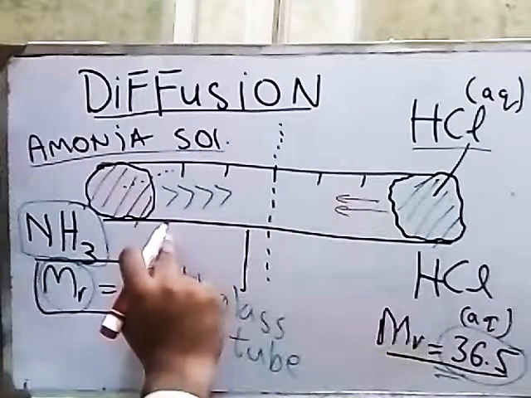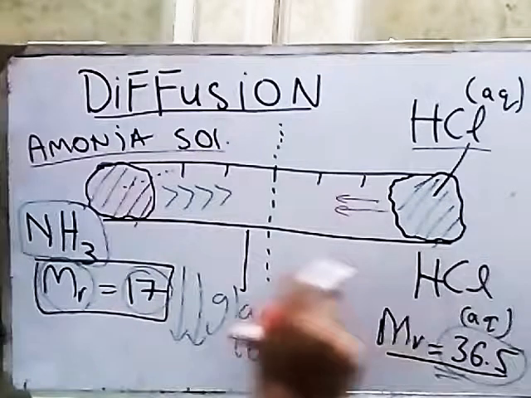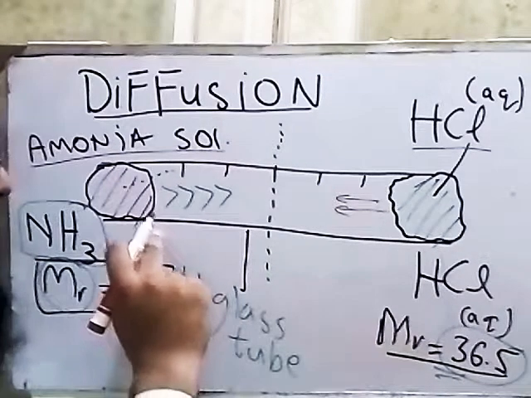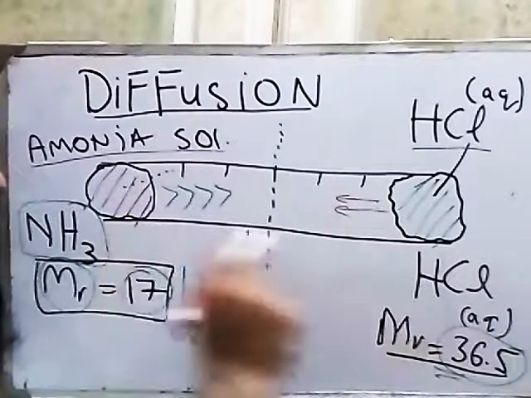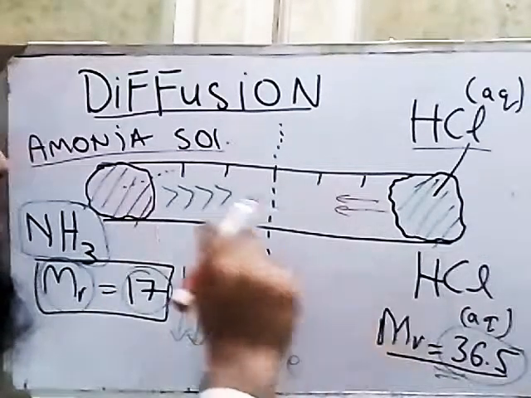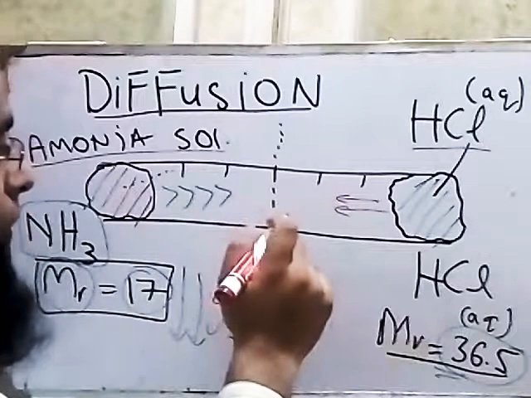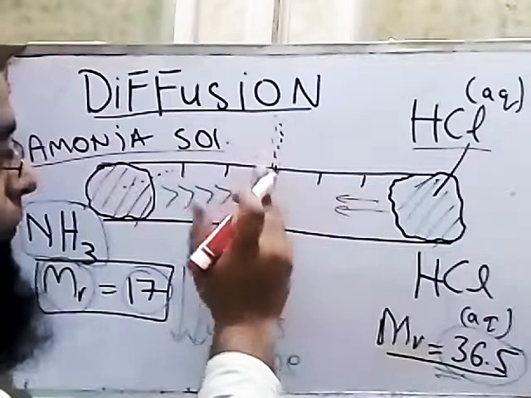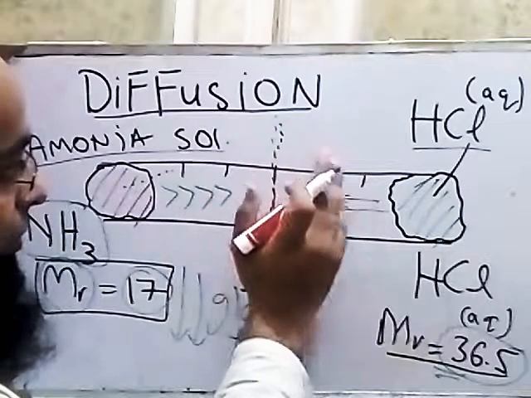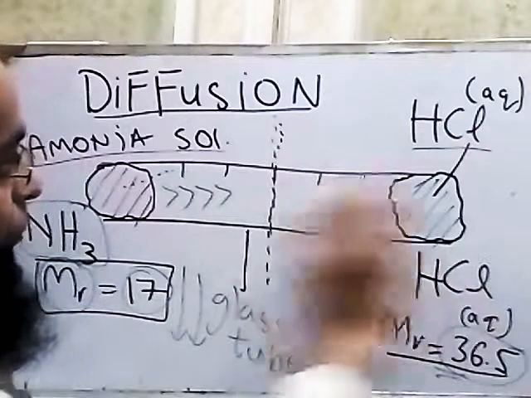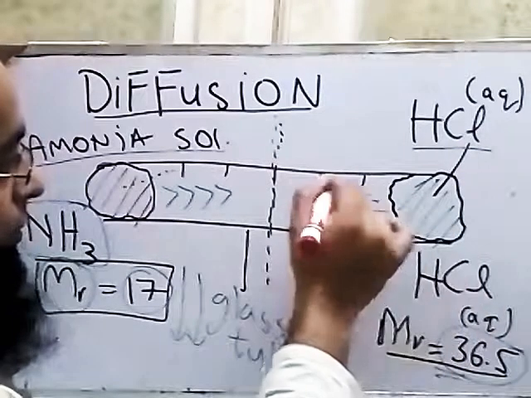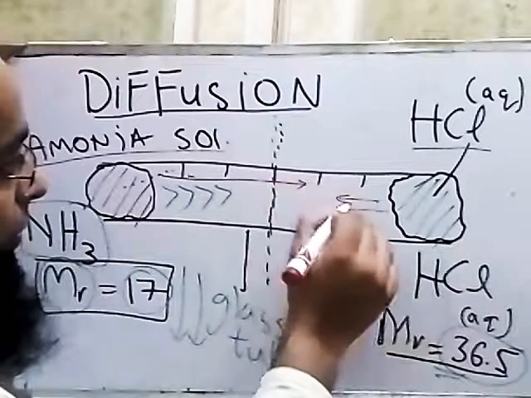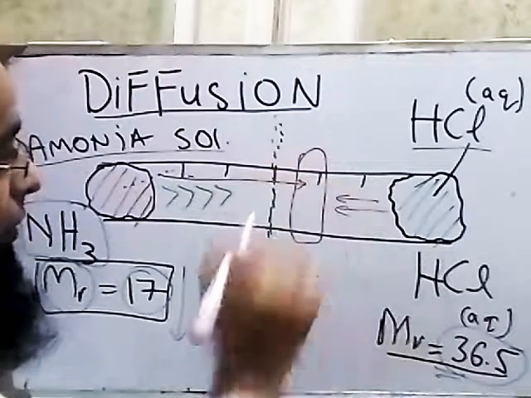Since the Mr of this is less than the Mr of HCl, and as this would diffuse at a much higher rate than fumes of HCl, if this is the center of the test tube, then ammonium chloride would be formed slightly on the right side, closer to the side of HCl, because these fumes would travel at a much higher rate. So let's just say that ammonium chloride will form here.